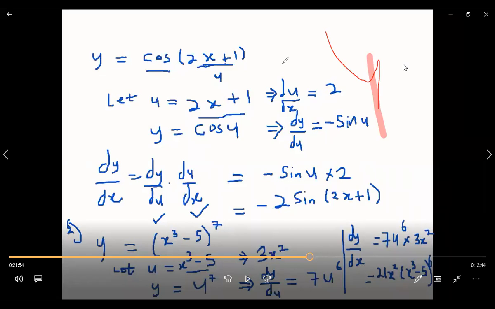No, they are not multiplying. You see, the 2x plus 1 is inside the cos. It is not multiplying it. It's in brackets within the cos function, so it has replaced x inside of the cos. That's why I use the chain rule, exactly because it's inside another function.